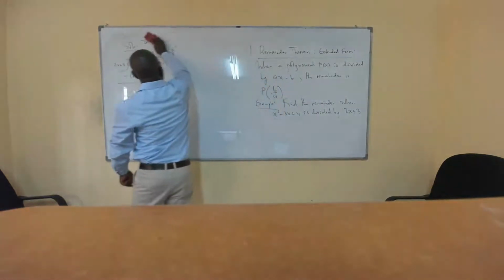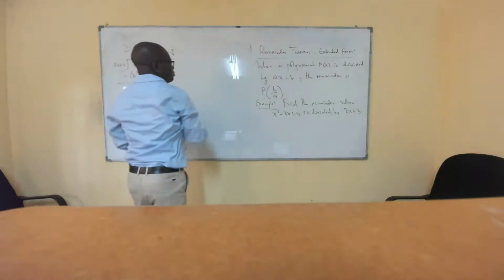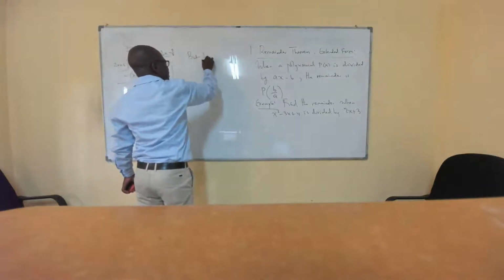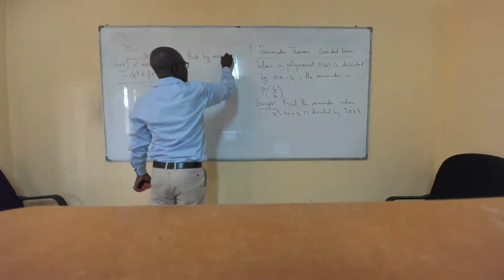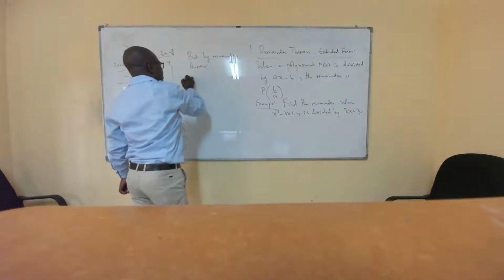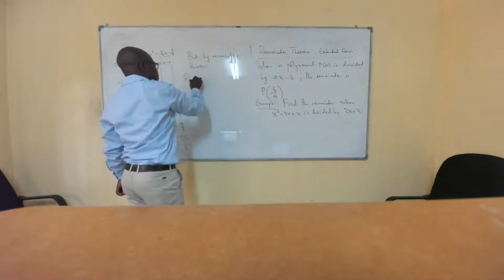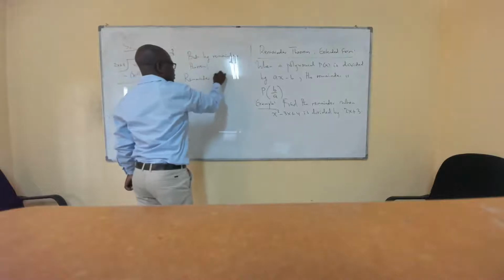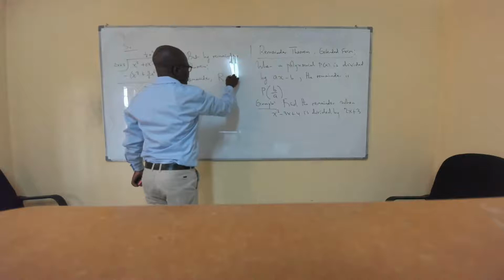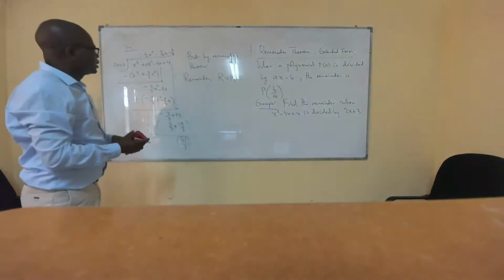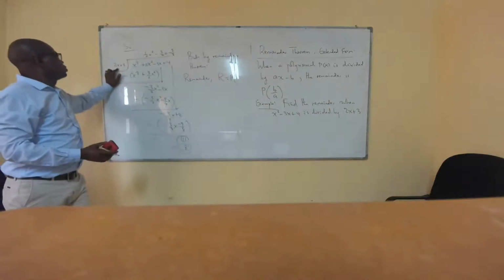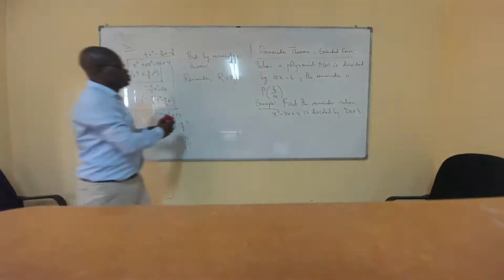But if we use the remainder theorem, it's simple. The remainder, which we denote by R from now on, is supposed to be the polynomial given evaluated at the value of x which makes the divisor 0, which will be at minus 3 over 2.